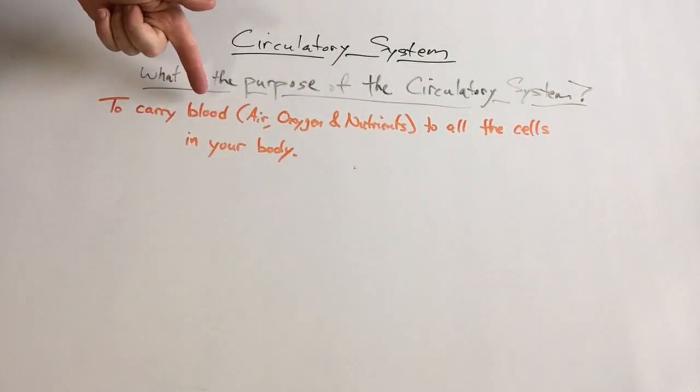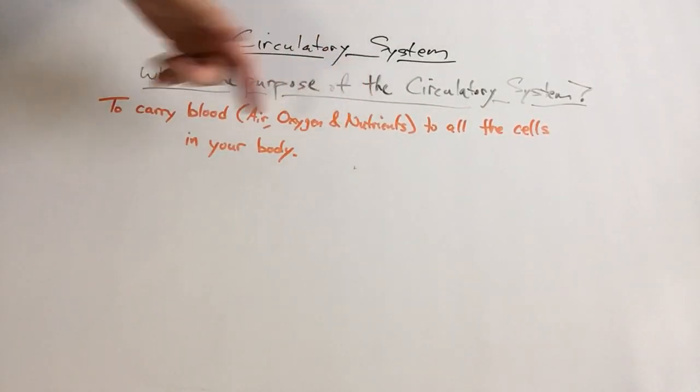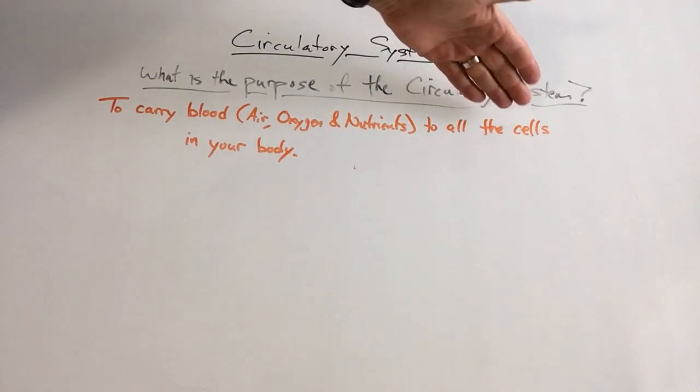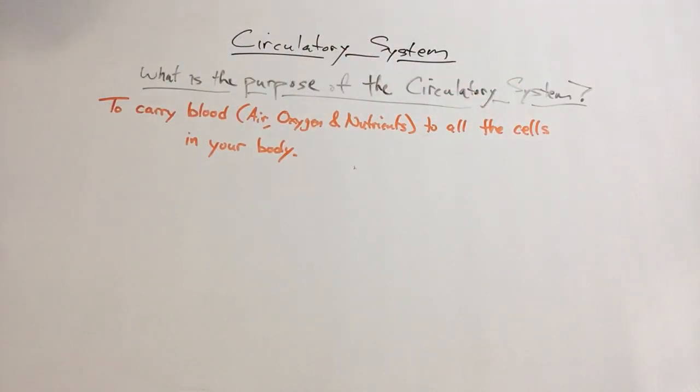The only reason we have blood is to carry air, oxygen, and nutrients, and technically pick up waste to all the cells in your body. That's it. That's why we have a circulatory system. So that cells get the three things they need in order to survive.